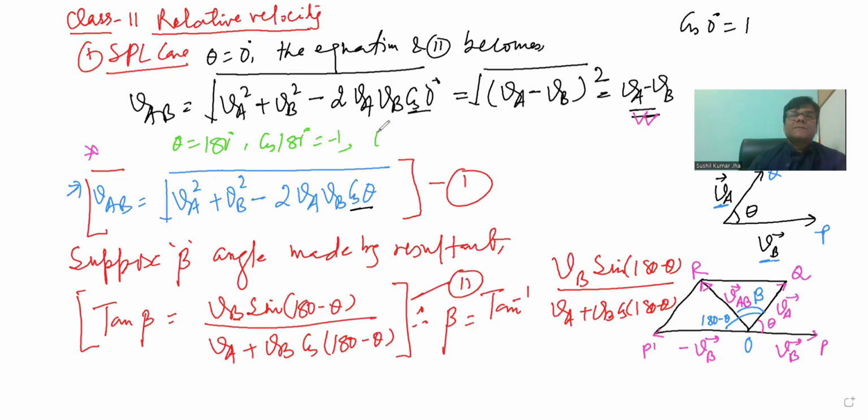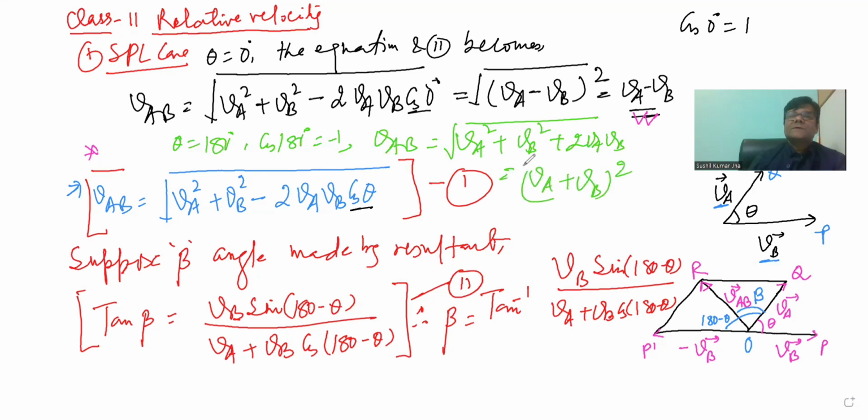So equation 1 becomes VAB as square root of VA square plus VB square plus 2 VA VB, and so it becomes VA plus VB whole square under root. And thus it is VA plus VB. What we have done when the objects are going in opposite direction. So this happens.